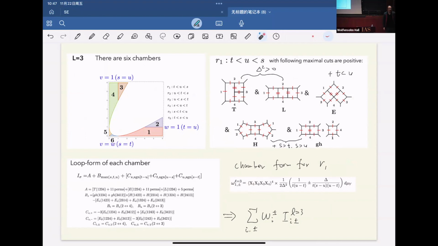I'm not asking about the elliptic. I just mean that through 3 loops, every dual conformal graph has a unique numerator on top of it, right? But starting at 4 loops, you can have multiple numerators. How do you detect those differences? Or maybe it doesn't matter.